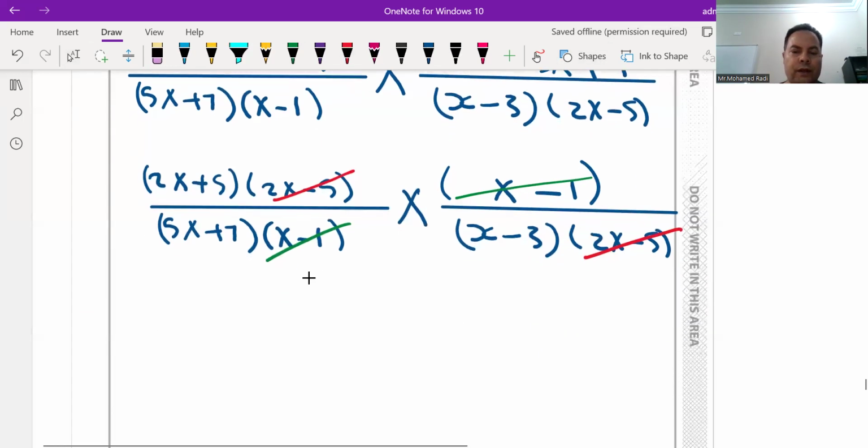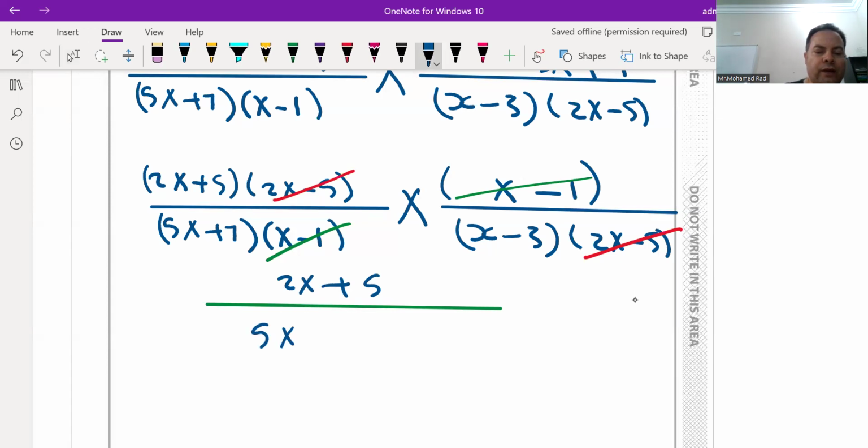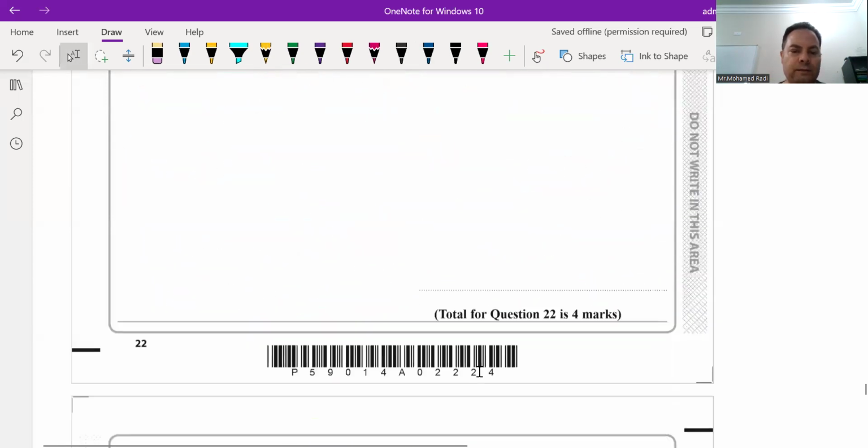So write the expressions left, up and down. Up left is 2x plus 5, and down is (5x plus 7) multiplied by (x minus 3). This is the final answer, simplified. No need to expand the denominator, but it's okay if you expand it.